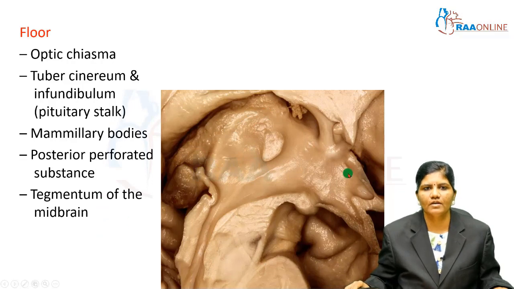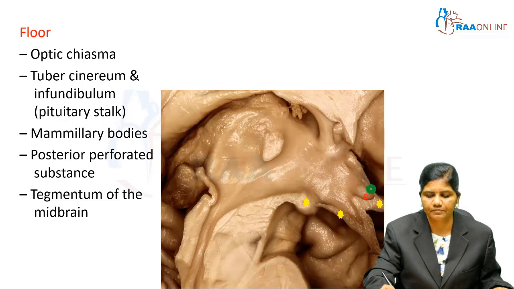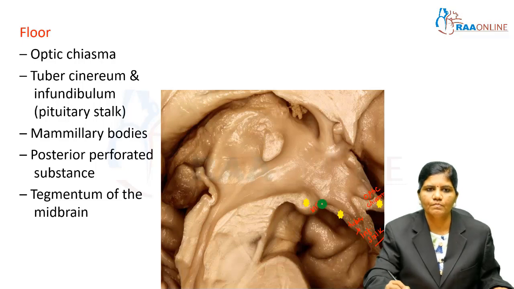In the floor, we can appreciate the structures forming the floor here. So this is the optic chiasma, tuber cinereum and the infundibulum of the pituitary gland, as well as the stalk of the pituitary gland, and the mammillary bodies.